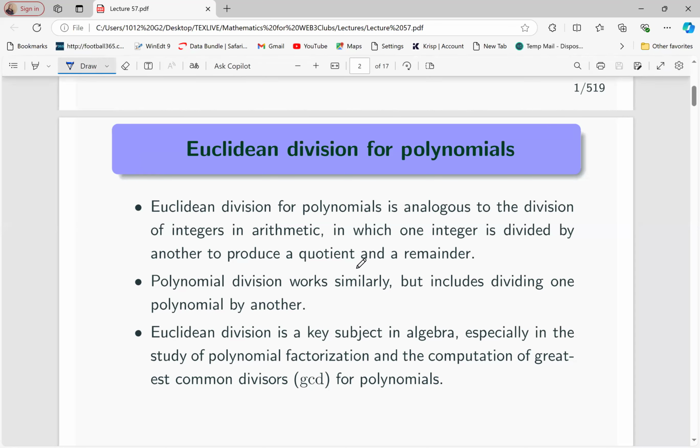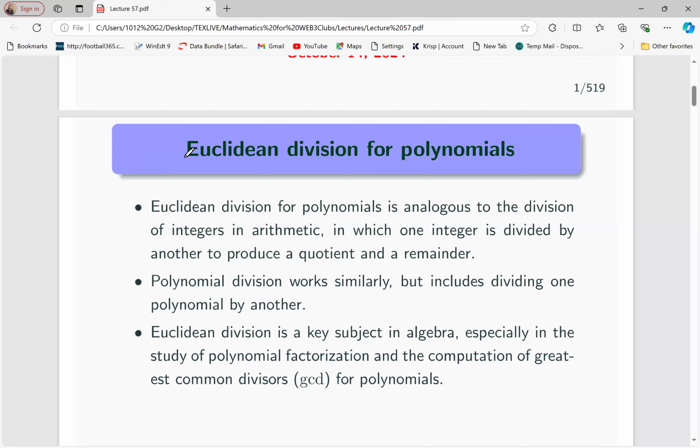So I'll begin by looking at Euclidean division, and we know what Euclidean division is. Last time, when we were looking at integers, for instance, supposing you have the integer 10, and you have the integer, let me say 3, and you are saying that 3 goes into 10 3 times, and the remainder is 1.